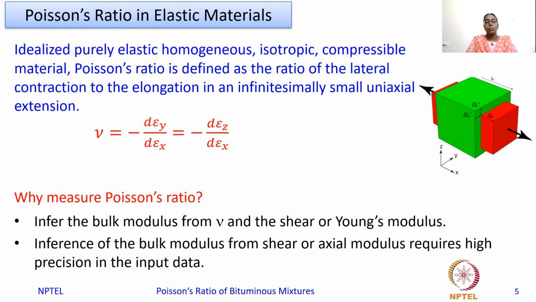So that is why normally we measure Poisson's ratio. But if you want to infer these bulk properties of the material or the bulk modulus from the shear modulus or Young's modulus and Poisson's ratio, it is very essential that high precision data is collected as far as the Poisson's ratio is concerned.